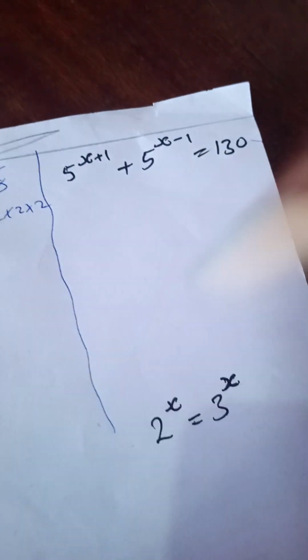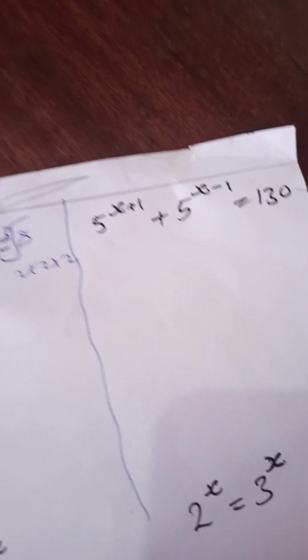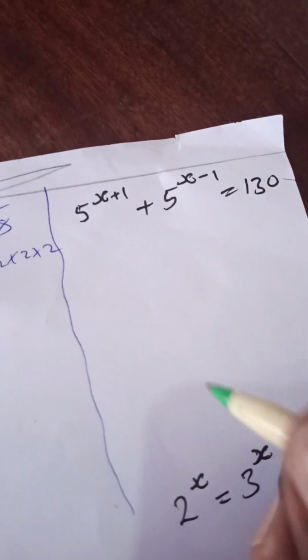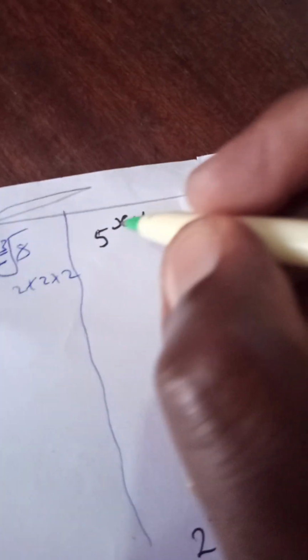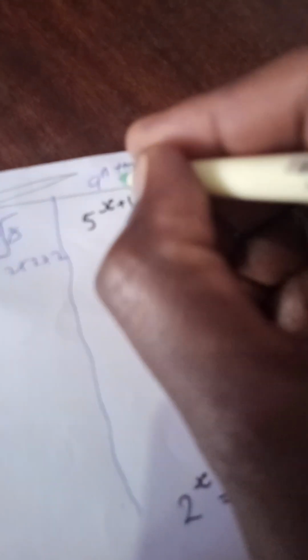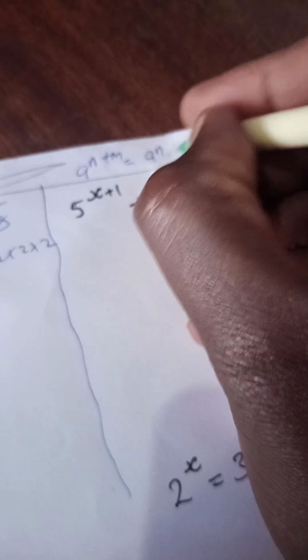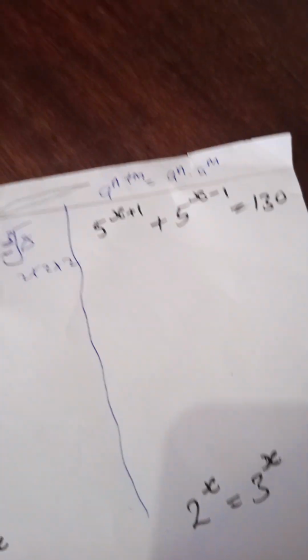So we have another one here. This one here: 5 raised to x plus 1 plus 5 raised to x minus 1 is equal to 130. So we are going to use this rule of indices: a raised to n plus m can be written, because this is a positive, so we introduce multiplication: a to the power n dot a to the power m.